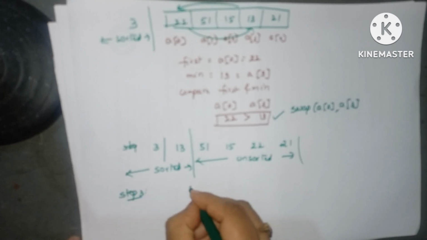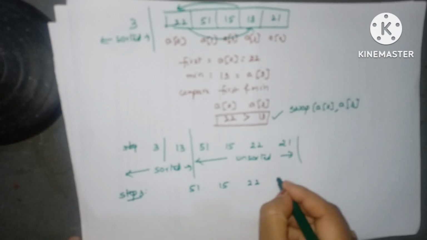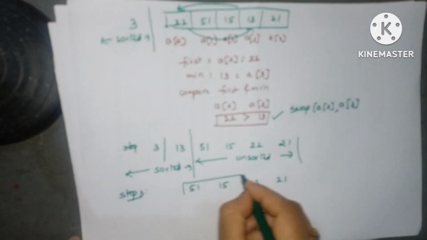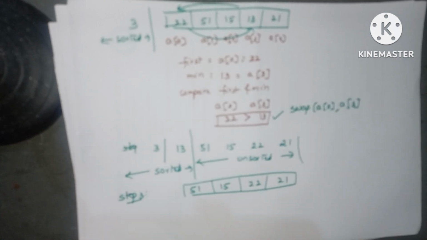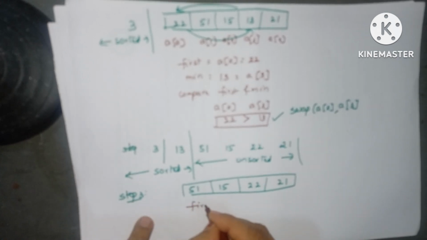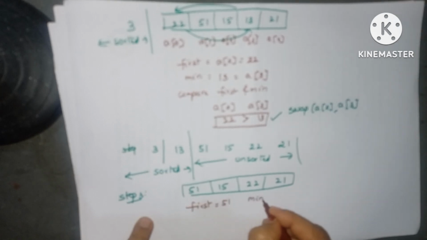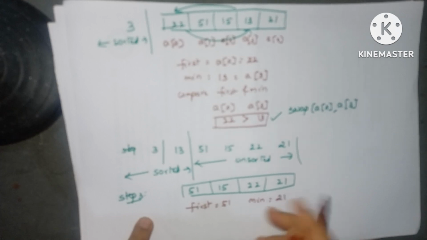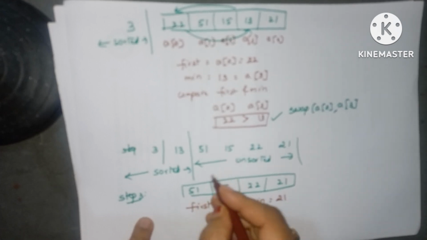In step 3, take only these unsorted elements: 51, 15, 22, 21. Same procedure: the first element is 51. Which one is the minimum element? 21. Then compare the first element and the minimum element. The first element is more than the minimum element, so swap it.